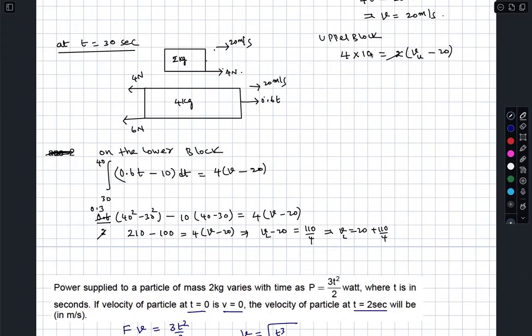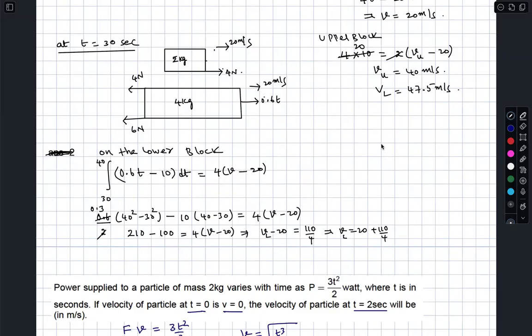This is 40, make it 20. So V upper block is 40 meter per second. And V lower block is 110/4, which can be written as 27.5 plus 20, 47.5 meter per second.